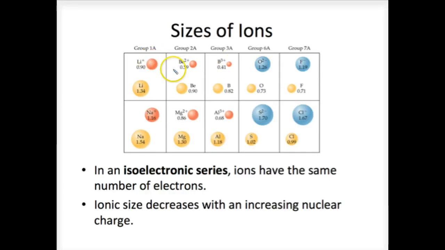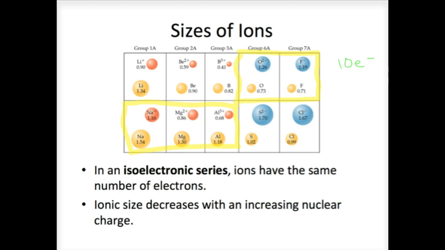which is what we see when we look at something like lithium and beryllium compared to hydrogen now. They have the same number if we look at them in terms of helium, hydrogen, all of those. When I look at oxygen, fluorine, sodium, magnesium, aluminum, these ones here, let me highlight them. These all have the same number of electrons. They're all sitting at 10 electrons. So that's our isoelectronic series.